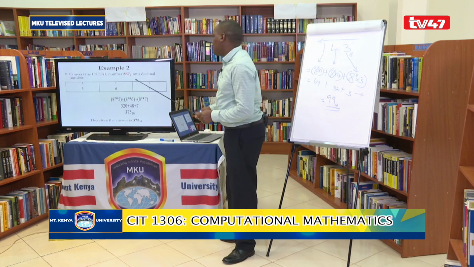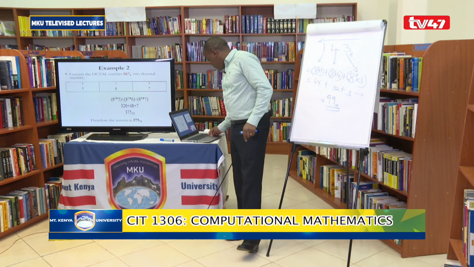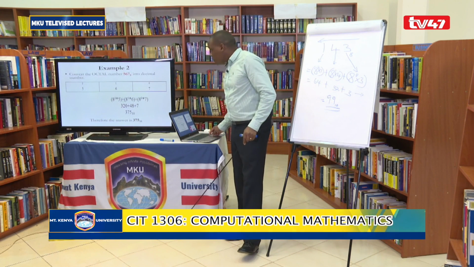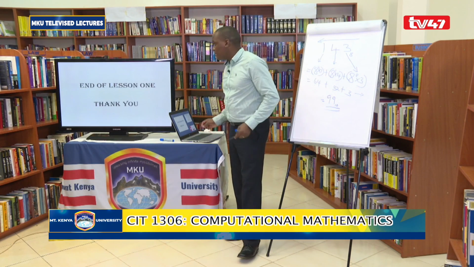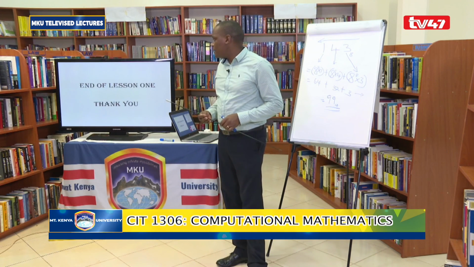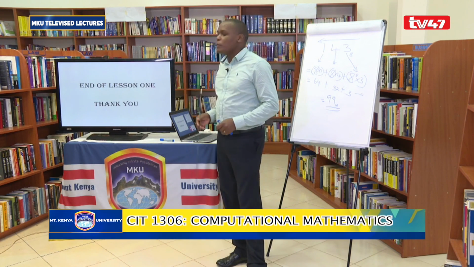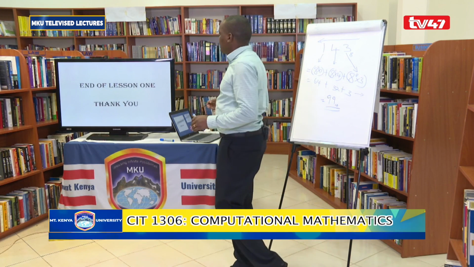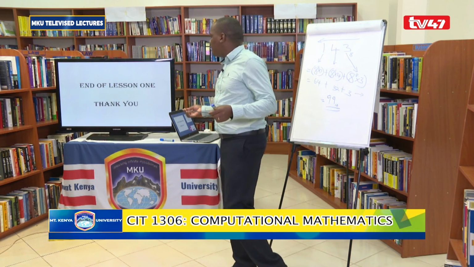So that is the end of our lesson today. Once we meet in our next class, we look at the other number-based conversions, that is the hexadecimal numbering system, so that you can understand the entire concept of how computers represent numbers within data representation and the way they manipulate them.